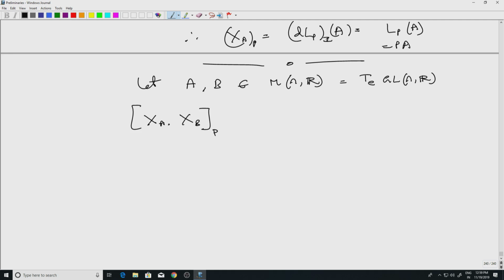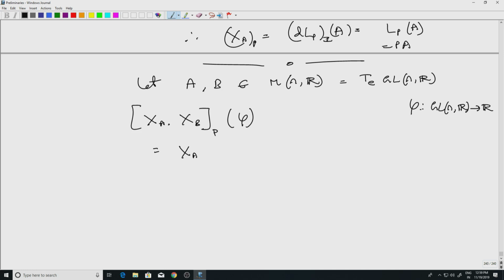And I'll act it on a C infinity function phi. So phi is a C infinity function on GLNR, on the manifold. Right. So okay. Now I'll just go by definition.